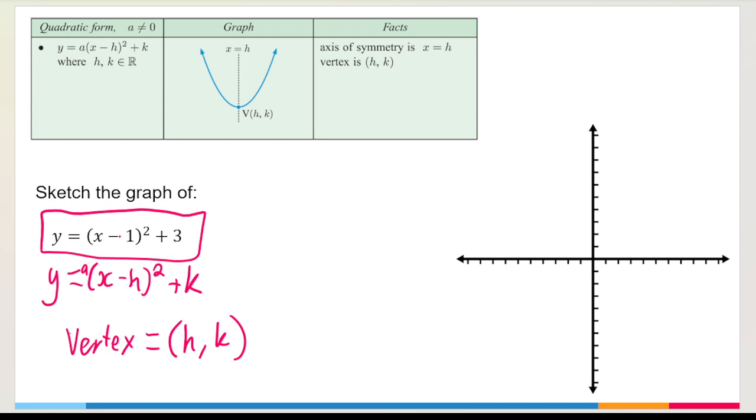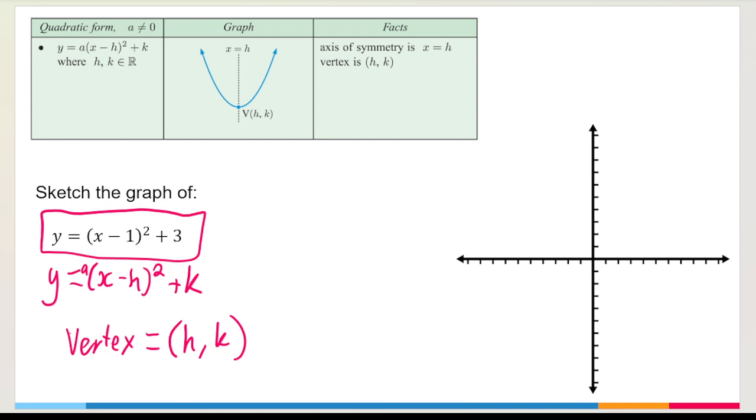So if our original function was just y equals x squared, we have vertically translated it up by 3 units, and horizontally translated it across by 1 unit to the right. And that's basically how this comes about.